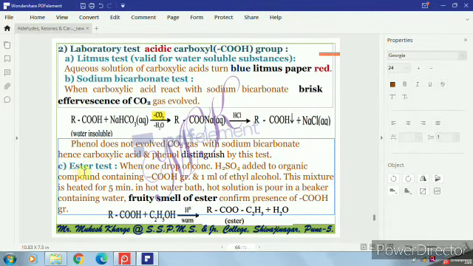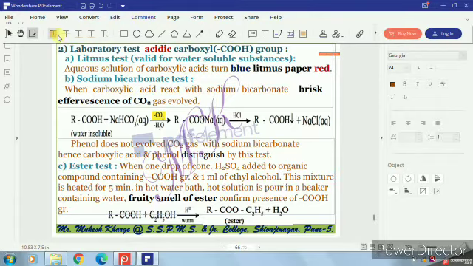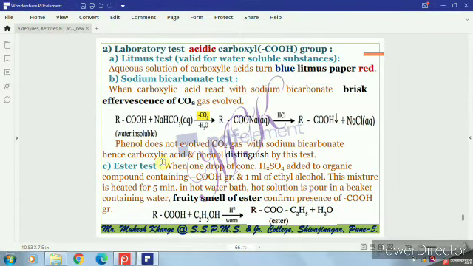Then one more test is the ester formation test. One drop of carboxylic acid is added to concentrated sulfuric acid, and we add 1 ml of ethyl alcohol to that mixture.